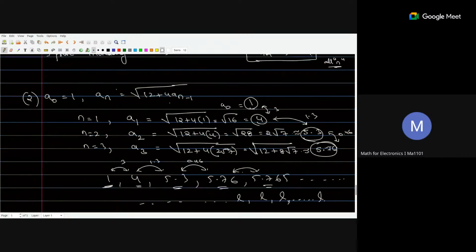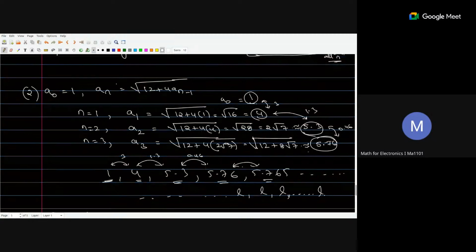So for this sequence, if you say 20, it will not cross 20. If I can say any number in this sequence will not cross 20, will you agree with my statement, or is there any number which crosses 20? Sir, how did you get this 20? It's not 20 actually.